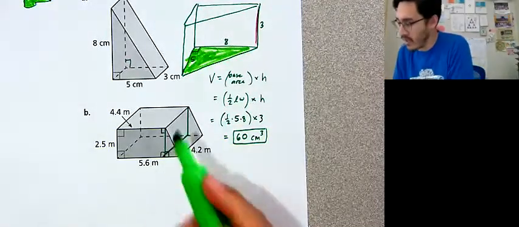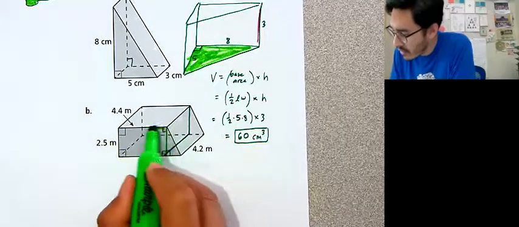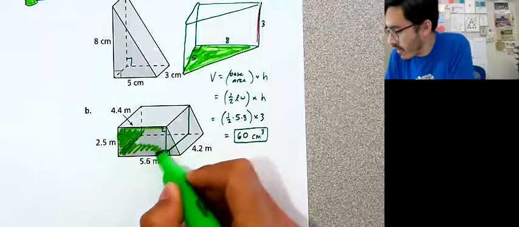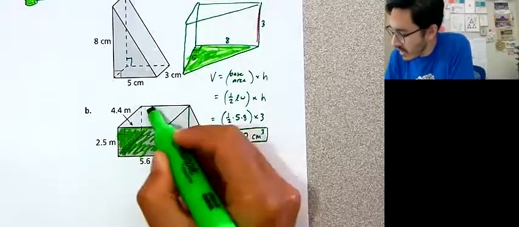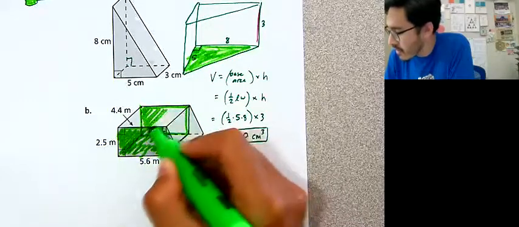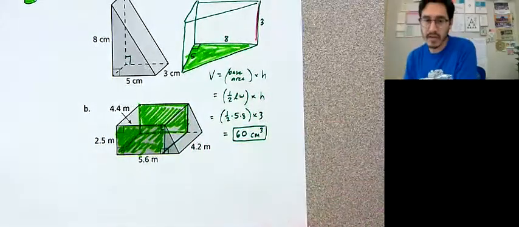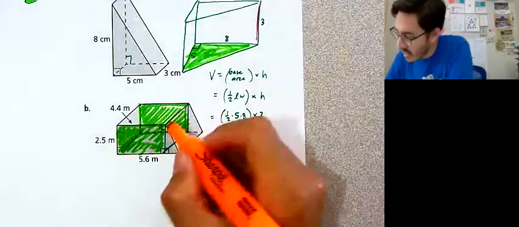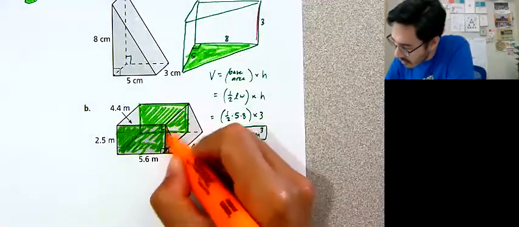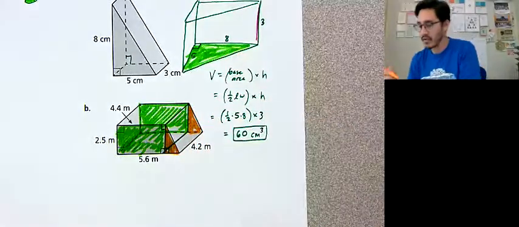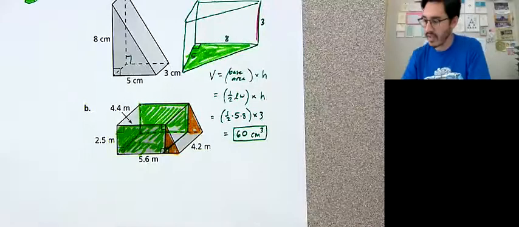So think of it this way. We have a rectangular front face and a rectangular back face. Okay, so that's one prism. And then we have a triangular front face and a triangular back face, right? That's our triangular prism.